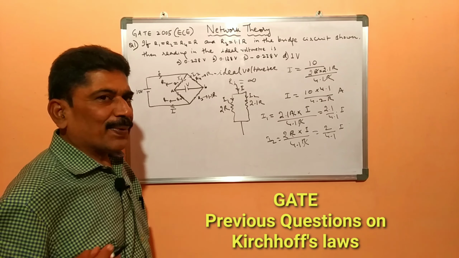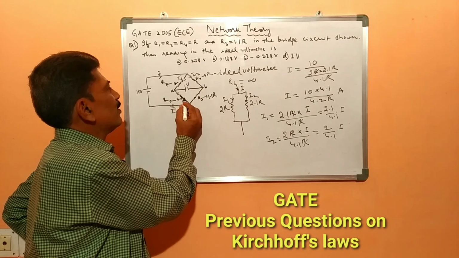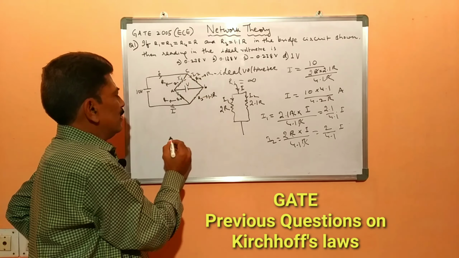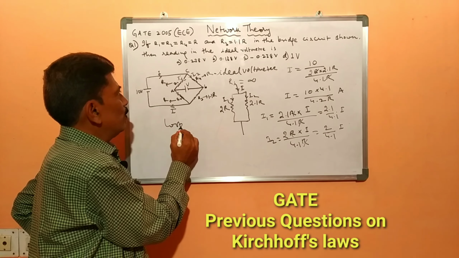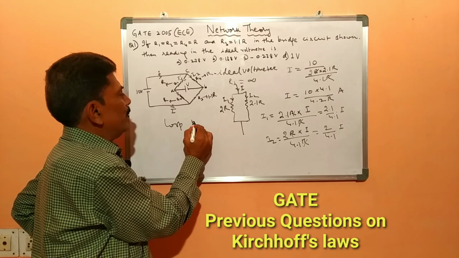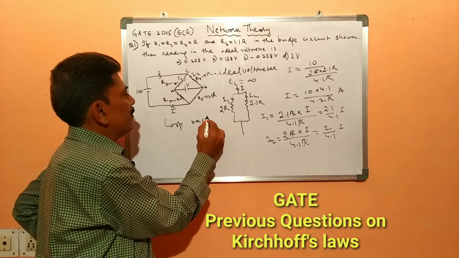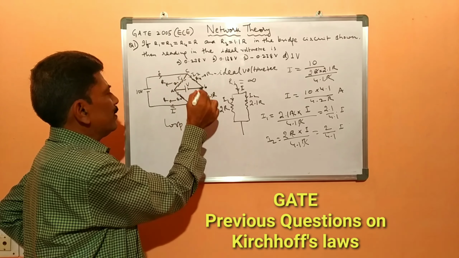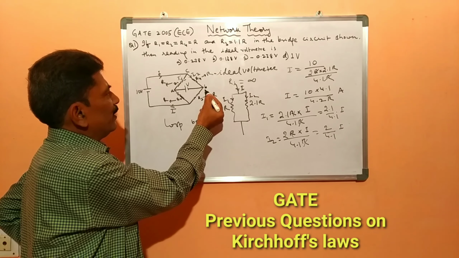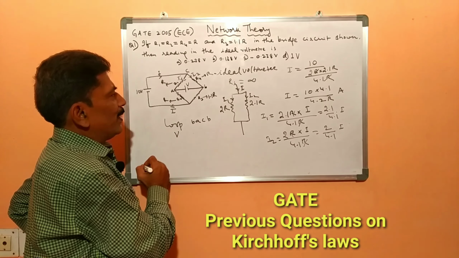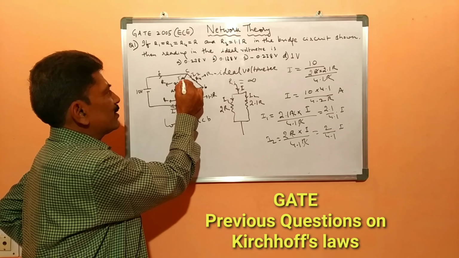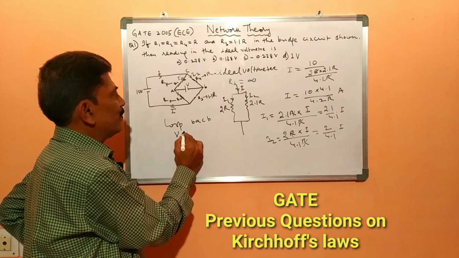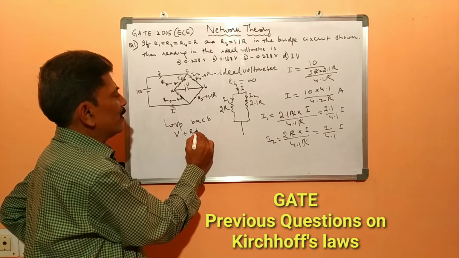Now let us apply KVL to this circuit. Let this node be C. Consider the loop BACB. Start from B, rise in potential, plus V. Again, in the direction of current I1, so plus R1 I1.